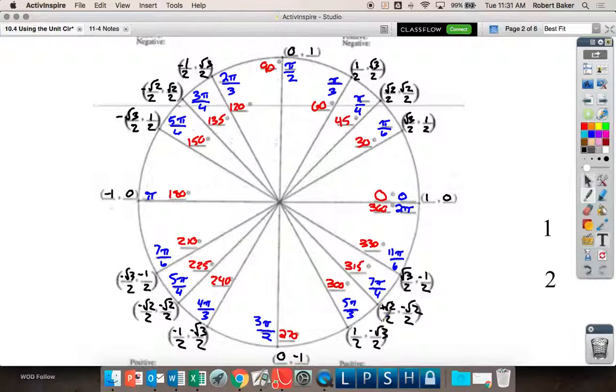Your unit circle is missing 5 pieces. It's missing a 30-degree piece, a 135 piece, a 180, a 240, and a 270. Then I'm asking you guys to give the exact value of like the cosine of pi over 2.